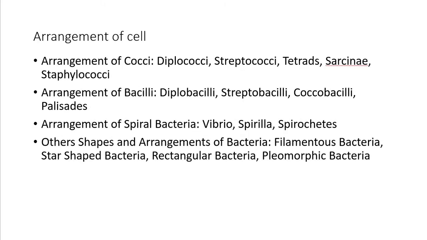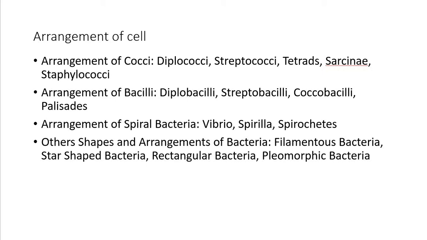If we talk about the arrangement of the cells, bacterial cells are arranged in different forms individually based on the shapes of the cells. The cocci are arranged as Diplococci, Streptococci, Tetrads, Sarcinae, Staphylococci.